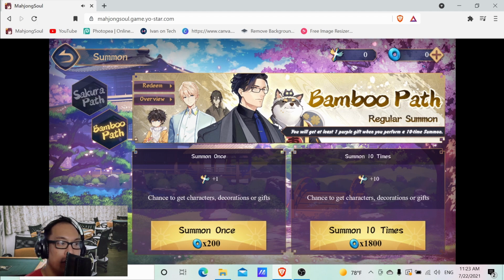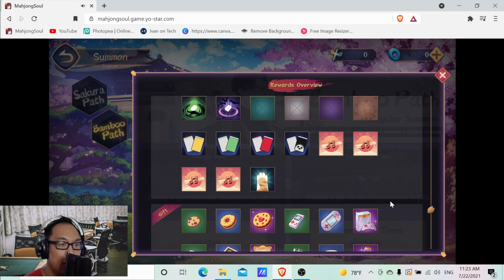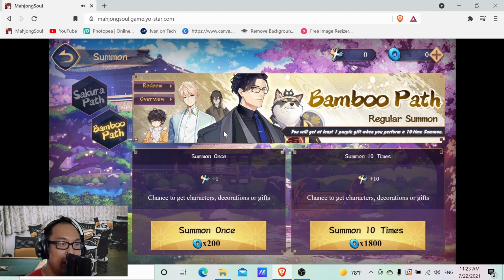Now, I don't have any jade in here. If you want these cool characters, what the game makes you do is buy Jade, and then you use the Jade to buy these chances. So basically, chances to get characters, decorations, and gifts.